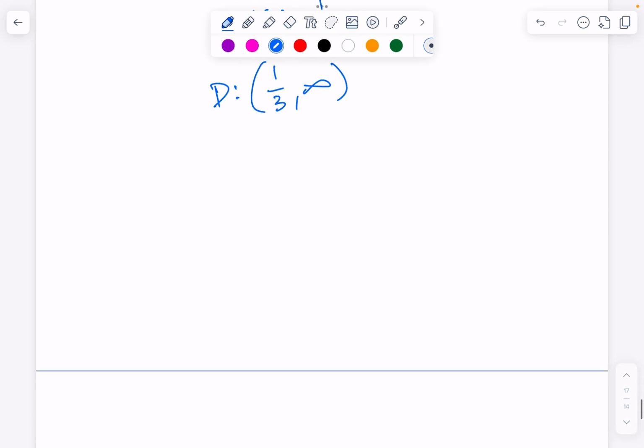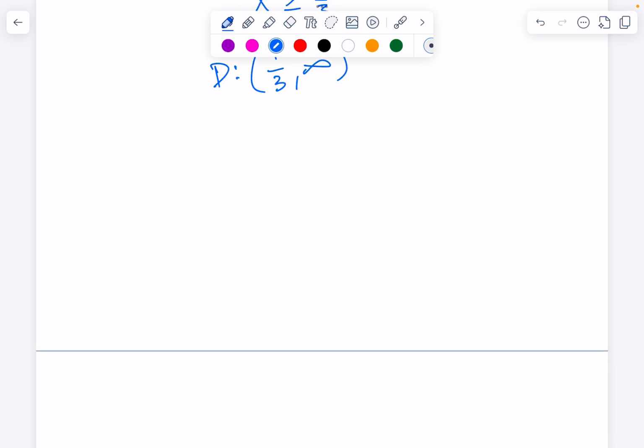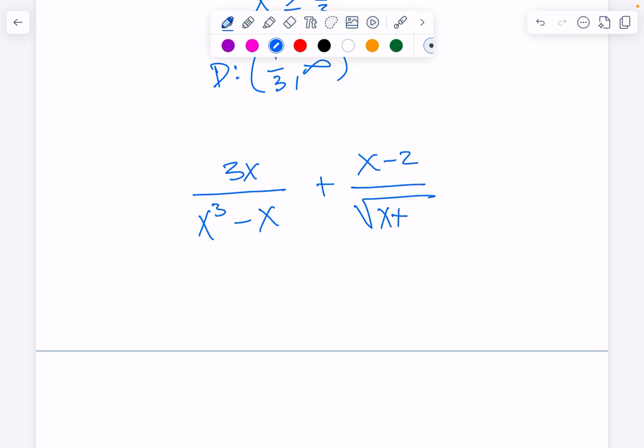Let's throw everything we can at you and see what sticks. So let's do 3x over x cubed minus x, plus, and we're just making stuff up, x minus 2 over root x plus 5.